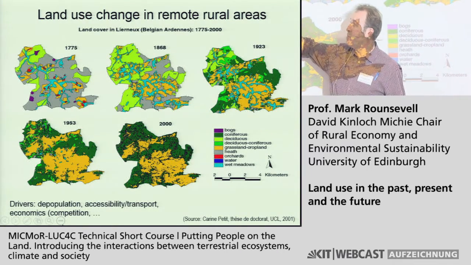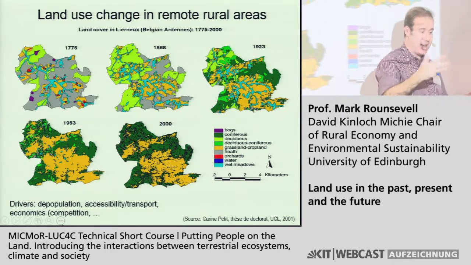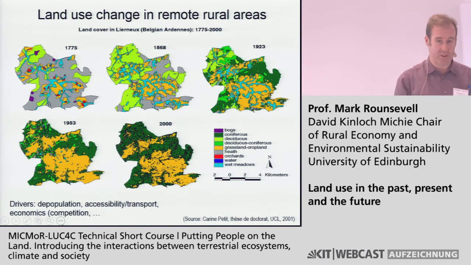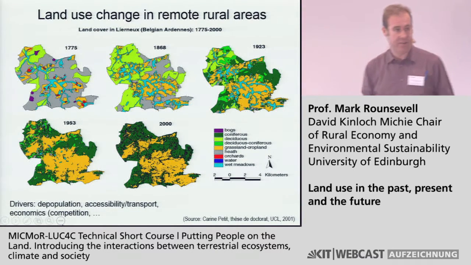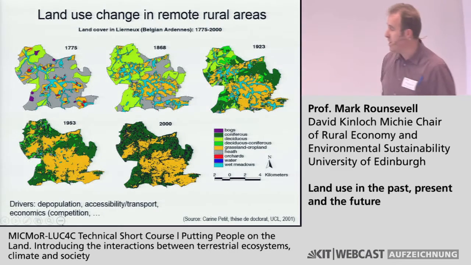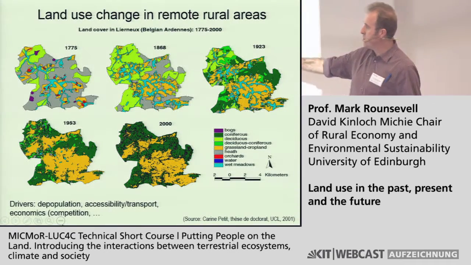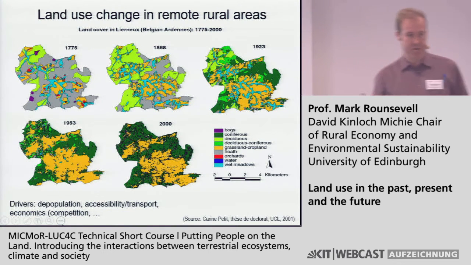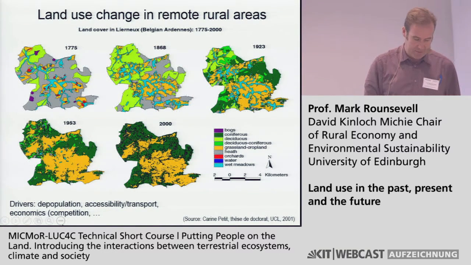Okay? Because they're isolated, they had to have a diversity of land uses to be self-sustaining in food production. Once you introduce the railways, you don't need that. And you can also use the railways to export timber as well. So there's lots of processes going on here, which are largely driven, again, by technology and innovation, okay, as well as a whole range of other factors.